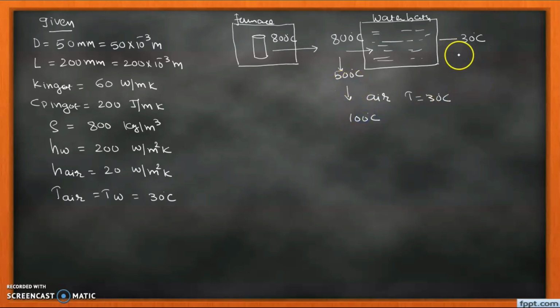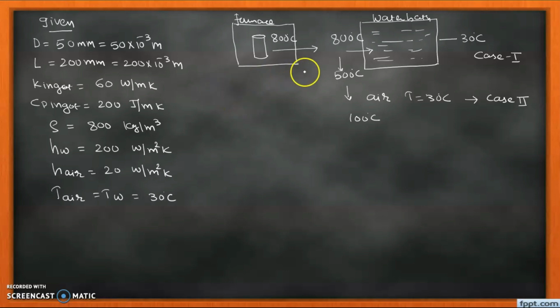So we have two different cases. This is case 1, in which the ingot is cooled by the water bath, and in the second case we use air as the cooling medium.